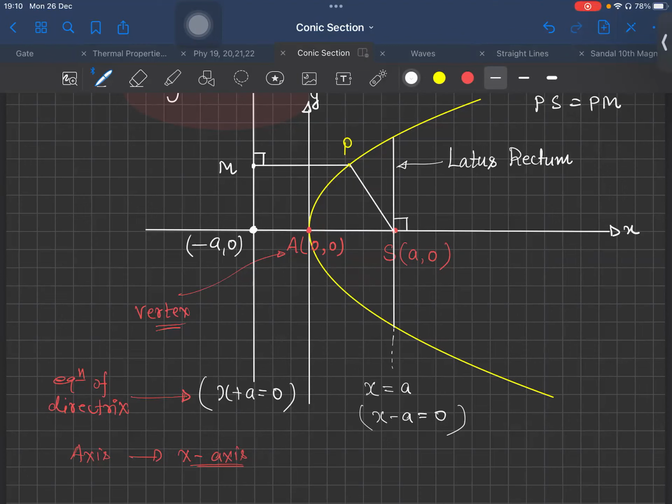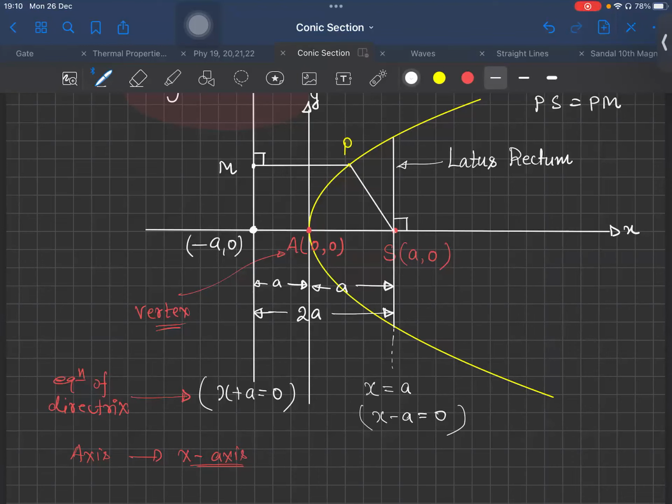What's the distance between the latus rectum and the directrix? See, from here to here it is a, and from here to here also it is a. So this will be 2a, 2 times a.